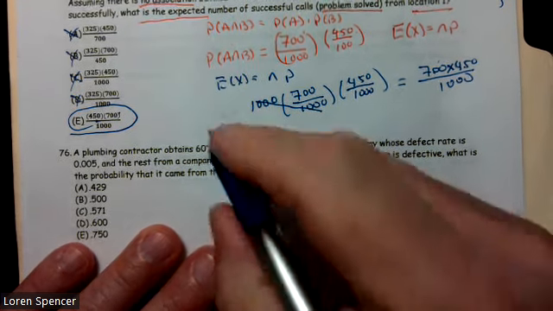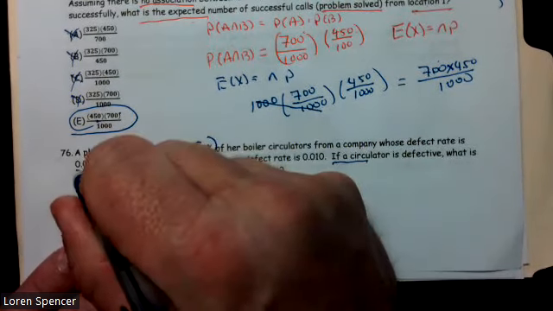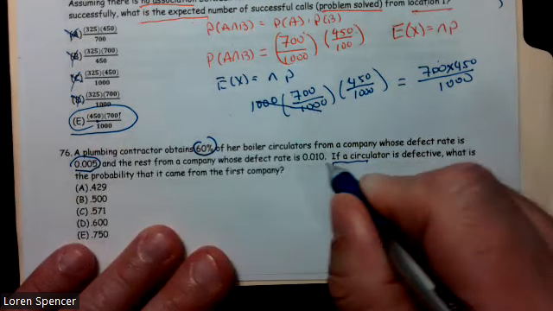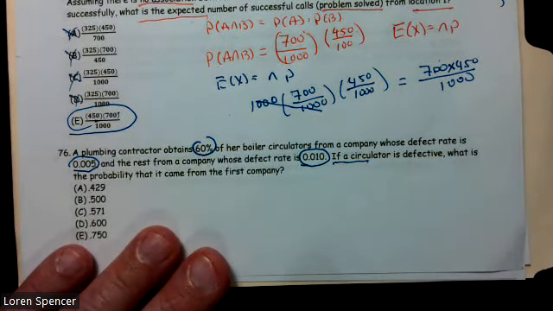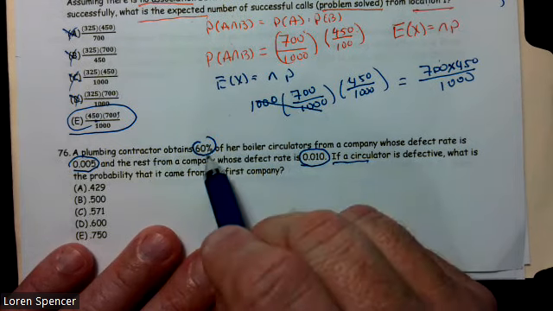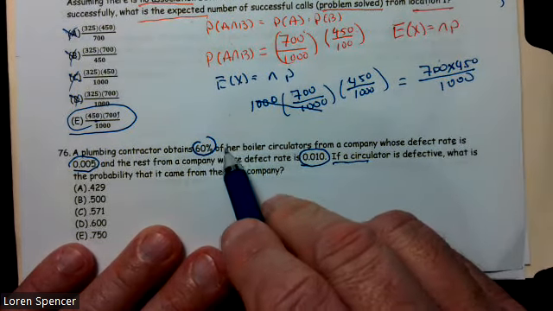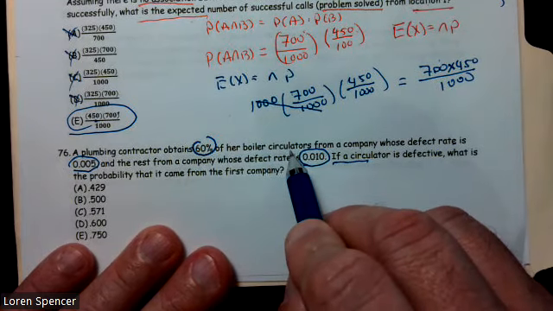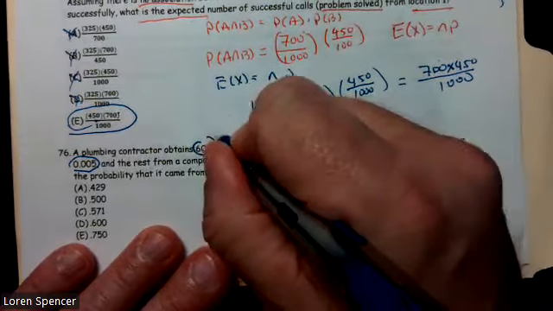So a lot of times if I have 3 probabilities, which I have here, it's oftentimes going to be a table. And this one I have to solve using a table. So I need to identify the number that's associated with one variable. 60%. Obtain 60% of a boiler from a company. That has nothing to do with defect rate. It only has to do with one variable.